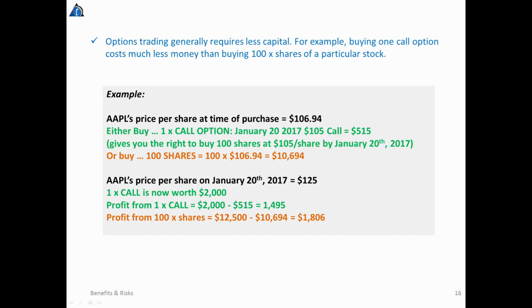Say you bought the call option for $515 and suddenly the stock suffers a setback. It falls below $105 a share, never to recover by January 20th, 2017. What would happen to your call option by then? It would expire worthless. However, if you had bought 100 shares of stock, you could withstand the setback, wait it out until the shares recover.